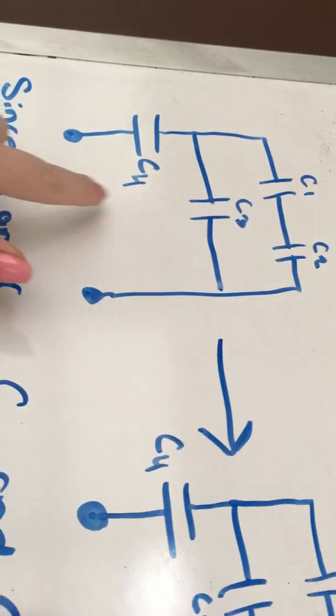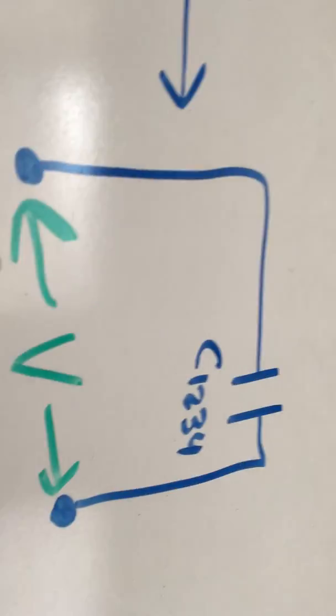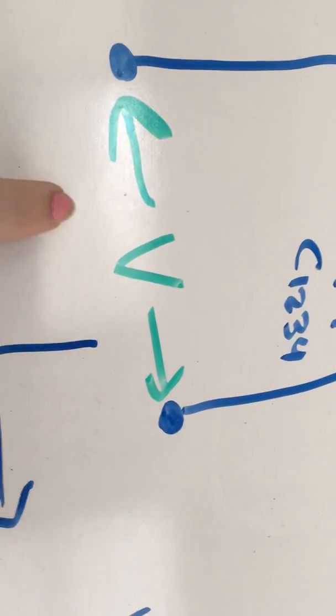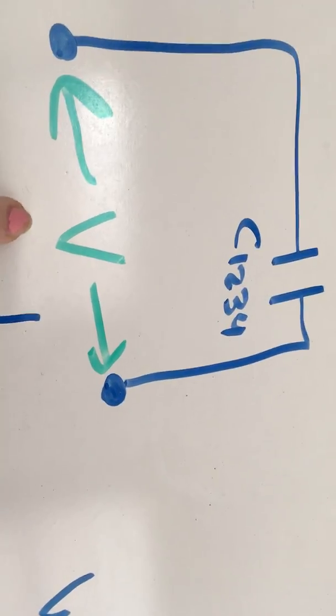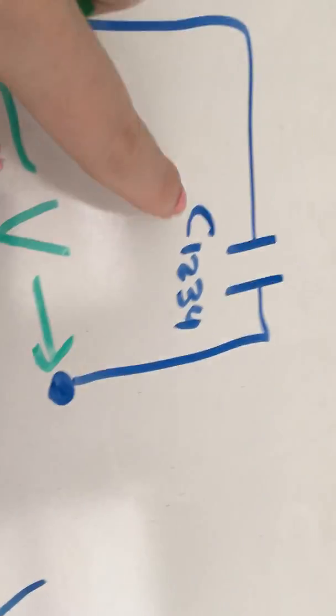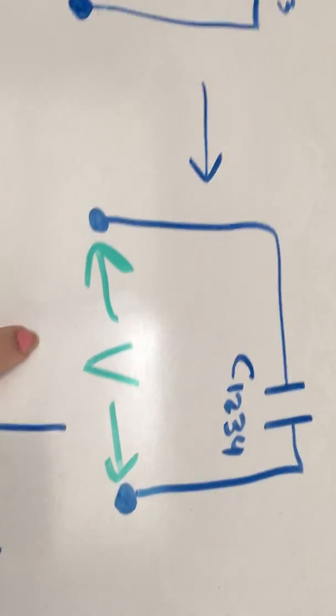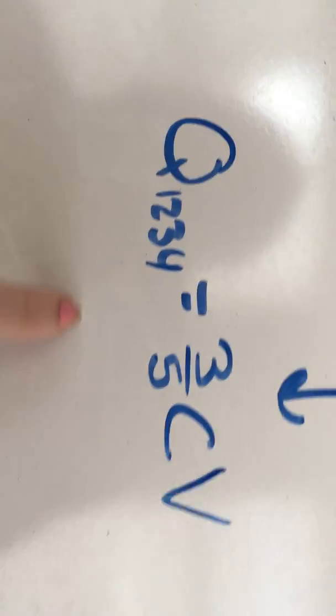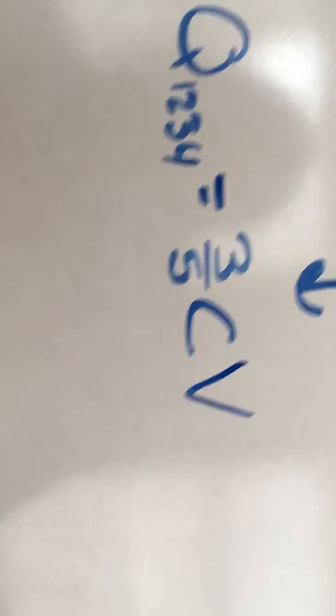That voltage is the same across each one, but because there's 4 capacitors here and there's only 1 capacitor here, we can be assured that this voltage is gonna contribute to all of the charge because there's only 1 capacitor here. So the charge for this circuit up here is 3/5 CV.